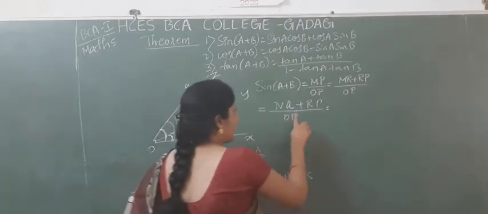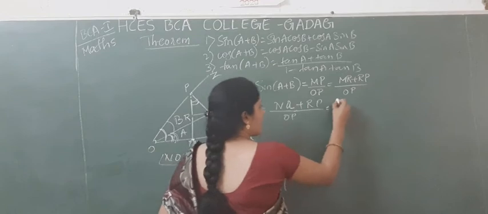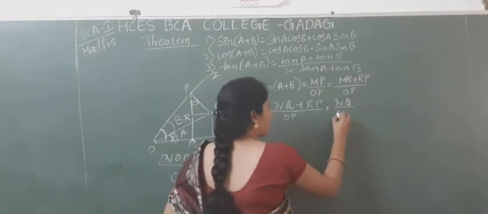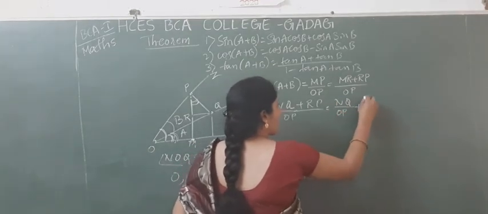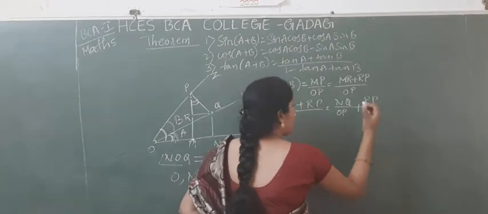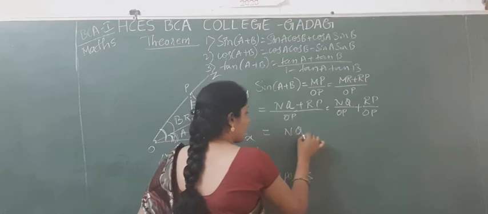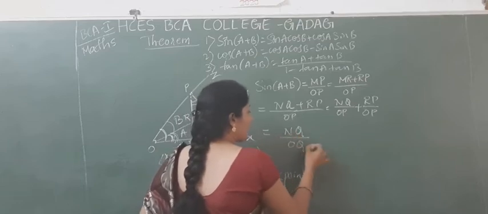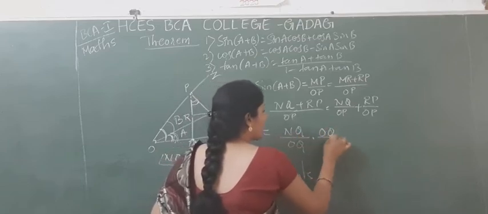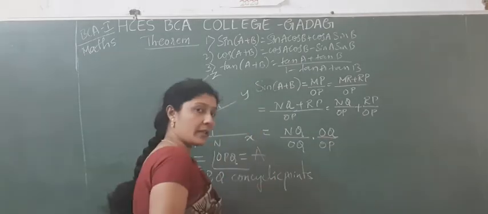Now let me separate this and write it: NQ divided by OP plus RP divided by OP. Now I write this as NQ divided by OQ into OQ divided by OP.